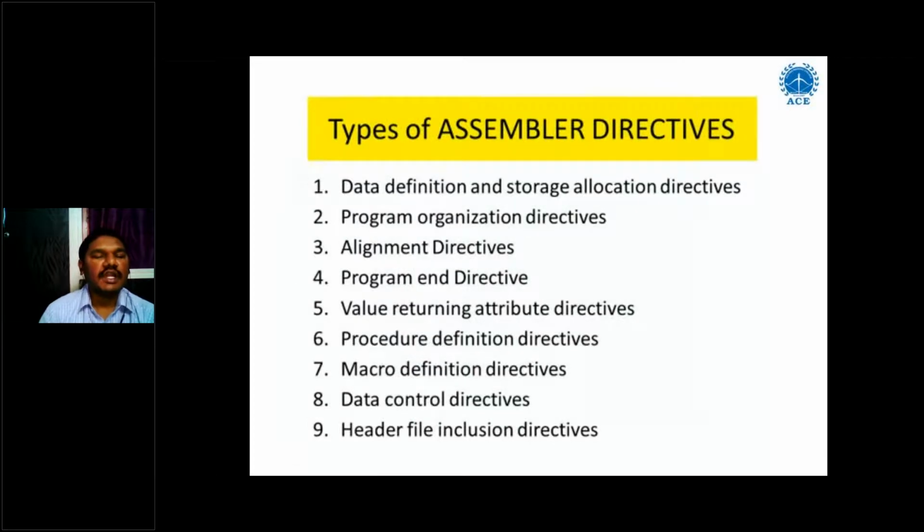Basically there are 9 types of directives: data definition and storage allocation directives, program organization directives, program alignment directives, program end directives for how to end the program, value returning attribute directives, procedures and macros directives, data control directives, and header file inclusion directives like hash include in our C language. These are the different types of directives we use in our programs.